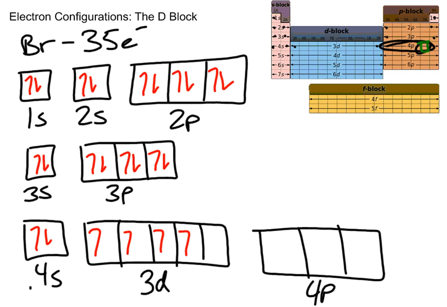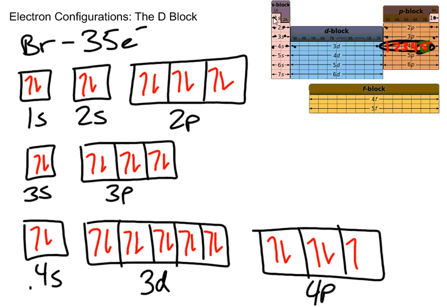The reason why I'm going to go all the way through the D block is because my element bromine is on the other side of the D block. And then if I count how many spaces I need to go, 1, 2, 3, 4, 5, so I'll fill up 5. So there's my orbital diagram.